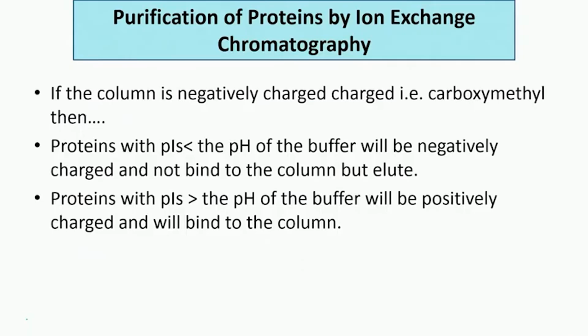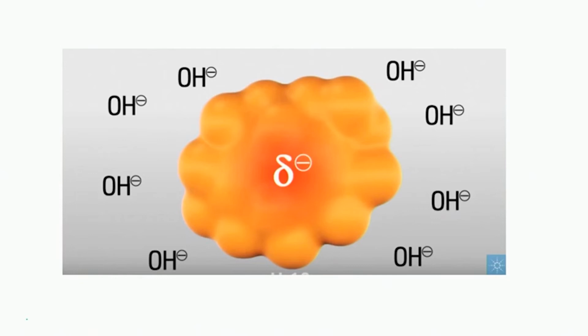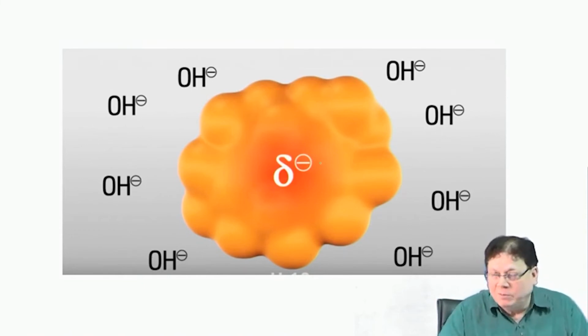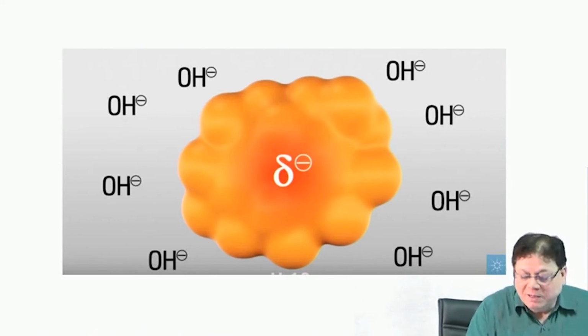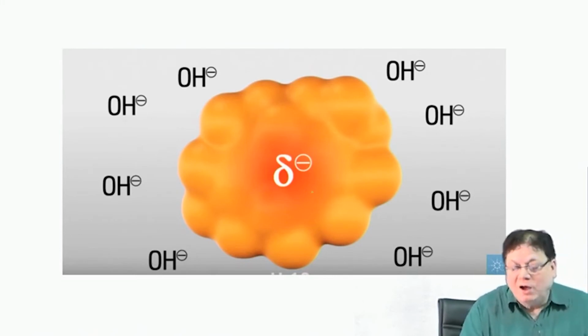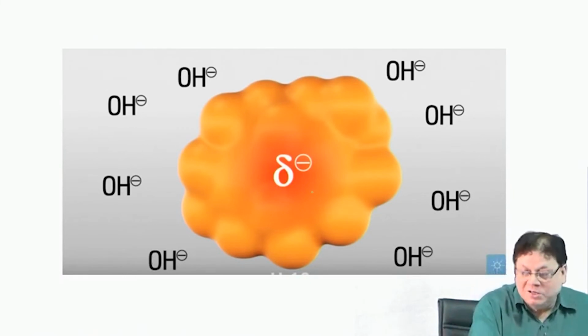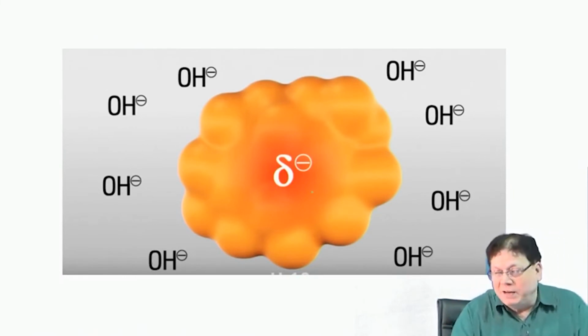Now, what happens if you take a protein which has an overall negative charge? That means this protein is kept in a pH which is above the isoelectric point of the protein. If it is negatively charged, it can compete with the hydroxide ions, the anions, when it binds to the bead.